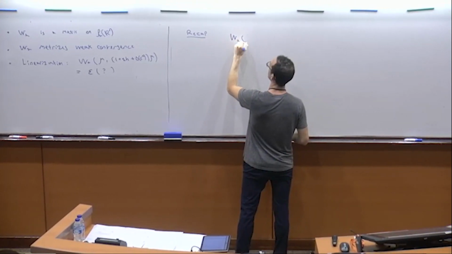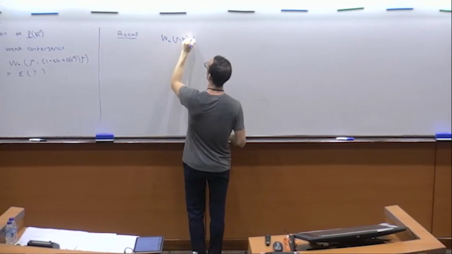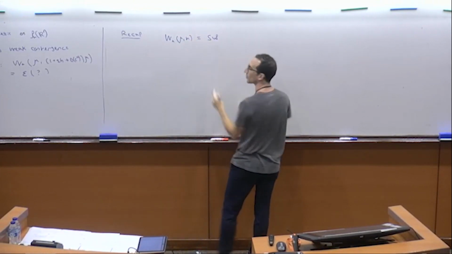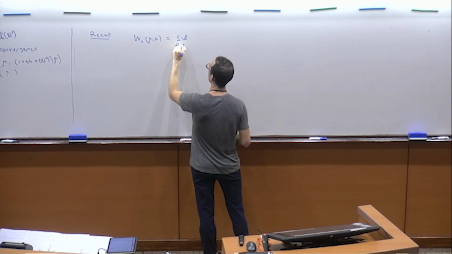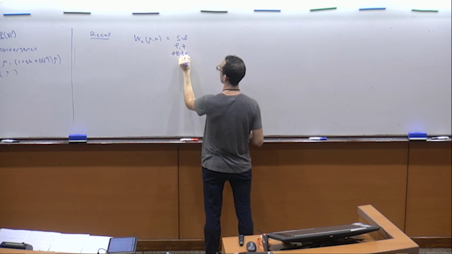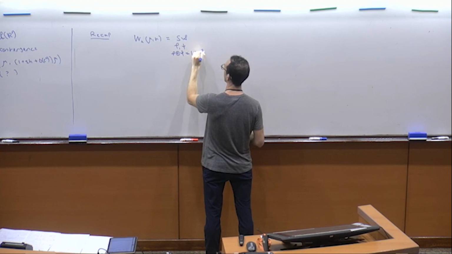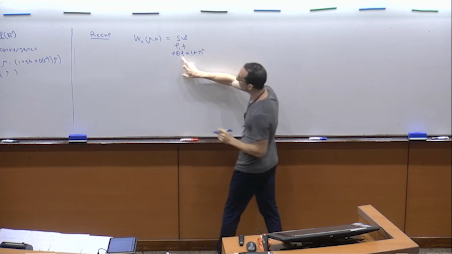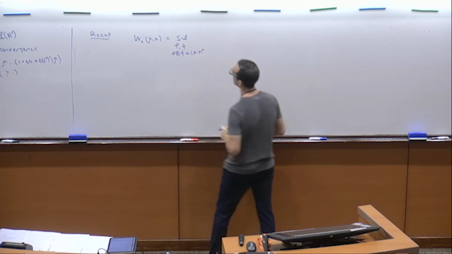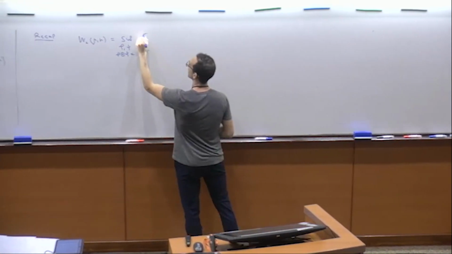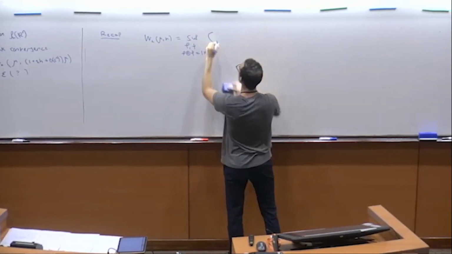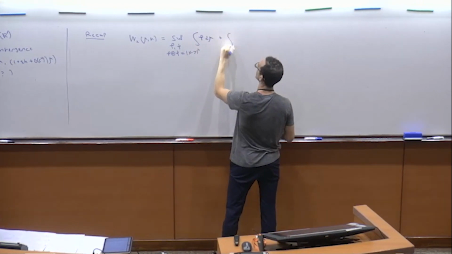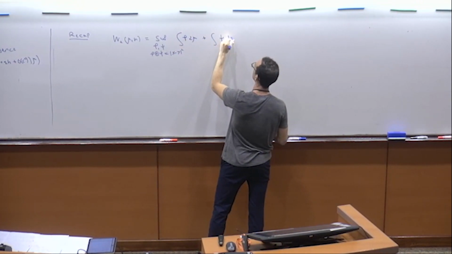So this was the primal problem, and then it turned out that there were different ways of doing it, but one way was to take the supremum over phi and psi, such that phi of x plus psi of y is smaller than x minus y squared, and then you take the integral of phi with respect to d mu, plus the integral of psi with respect to d nu.